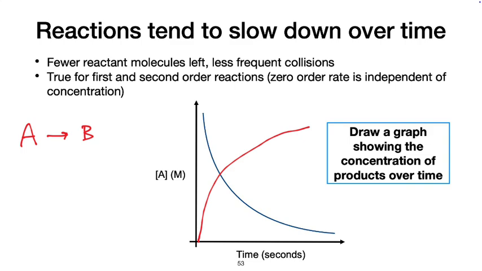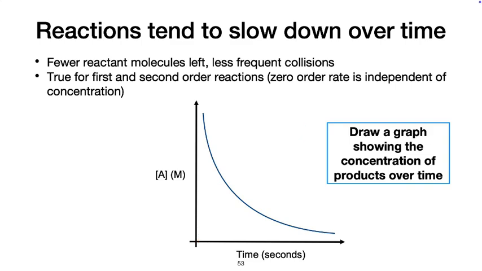As time progresses, the product concentration goes up. Eventually, there's not enough reactants turning over to make products, so the product concentration levels off. And the slope at any one point on this line is the rate for that reaction at that data point.